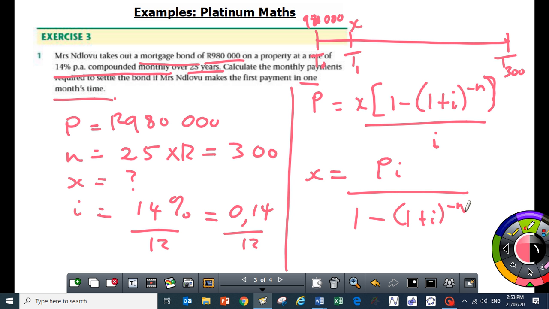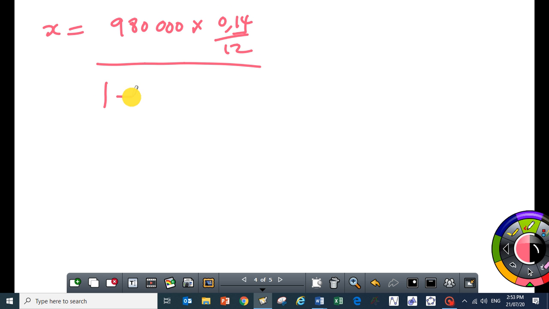I don't have space, so I'm going to substitute on the next page. So x will be equal to 980,000 times 0.14 over 12, all over 1 minus 1 plus 0.14 over 12 raised to the power of minus 300. If you use the calculator, what do you get?